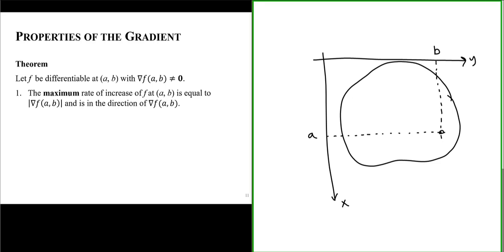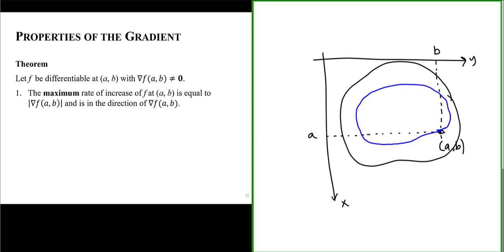Now, remember, that is sitting on a level curve, and all that level curve means is the value of z is the same everywhere on this level curve. So here's the point (a, b) in the xy plane. So what does the gradient of our function represent? Well, it represents the direction that we would have to go in the independent plane to have the fastest rate of increase.